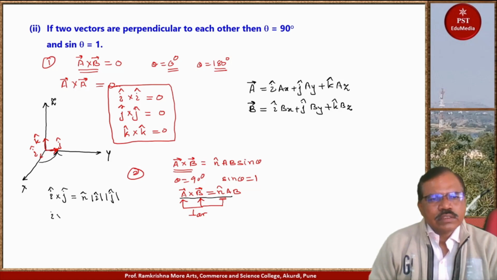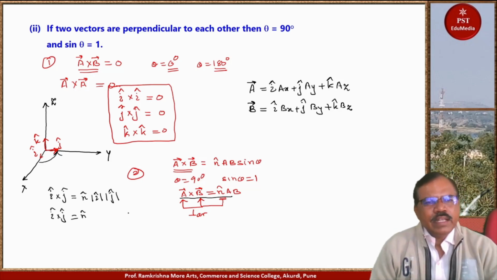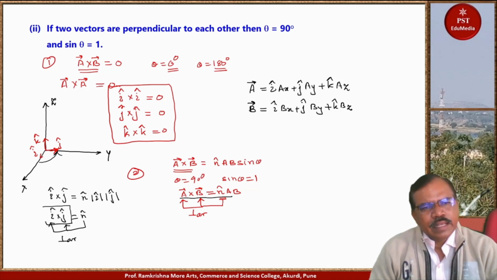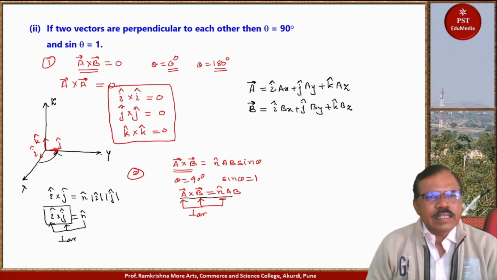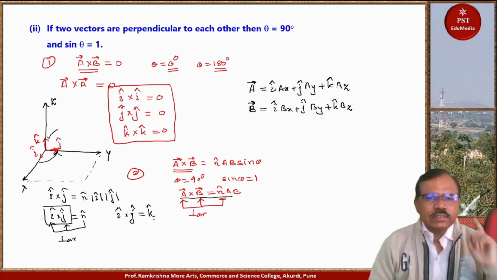So I cross J is equal to unit vector n. But what is the direction of n? n is perpendicular to I as well as perpendicular to J, meaning it is perpendicular to the plane containing I and J. Now I and J are in the xy plane, so the unit vector perpendicular to the xy plane is k. So we get I cross J is equal to k.